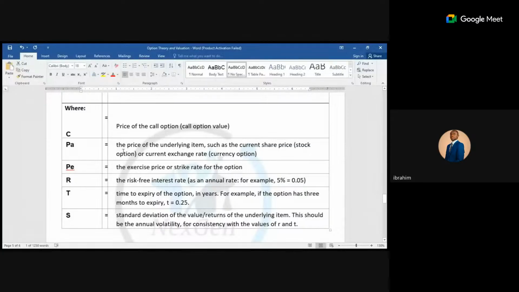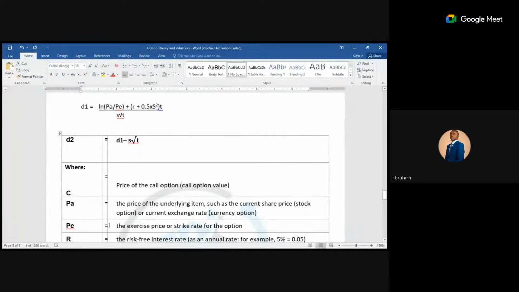P is the price of the underlying assets at maturity. PA is the price of the underlying assets at maturity.